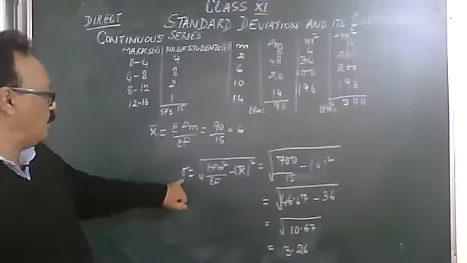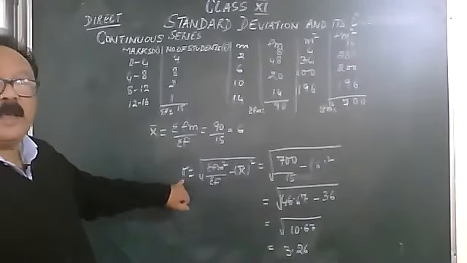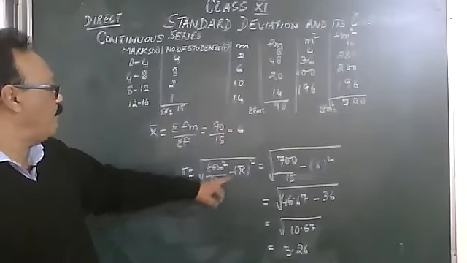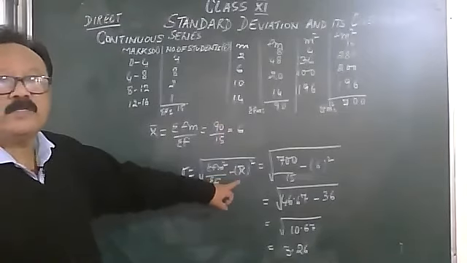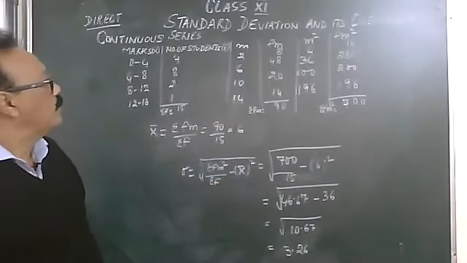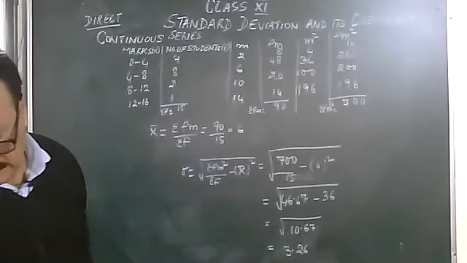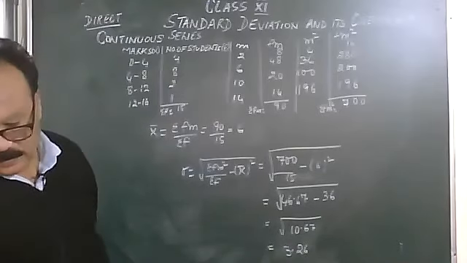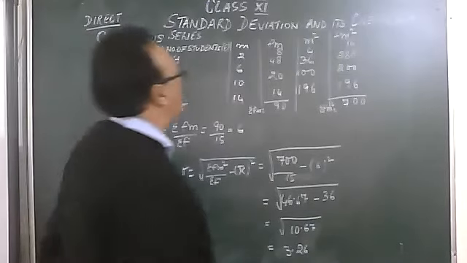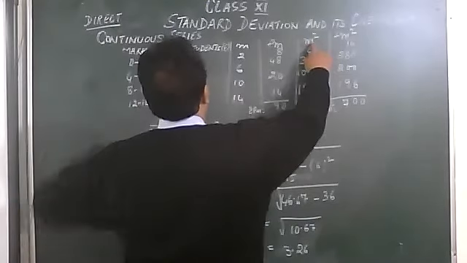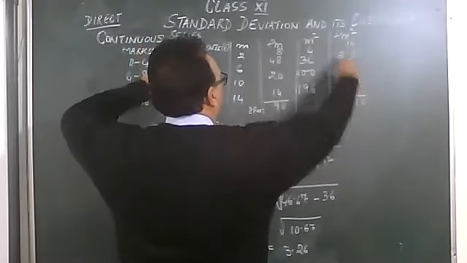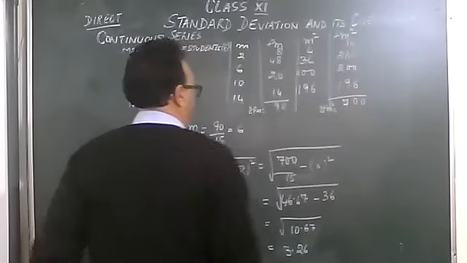Because the formula for standard deviation in the direct method is the square root of sigma f m squared upon sigma f minus the mean square. So on calculating, we multiply the f with the m squared, 16, 48, 200, 196, sum it up, 700.